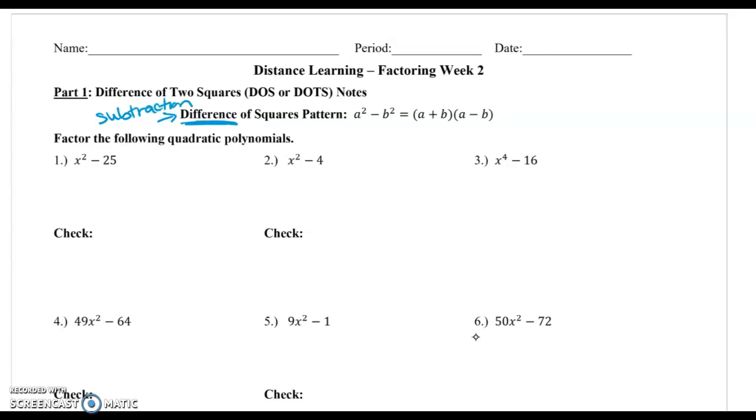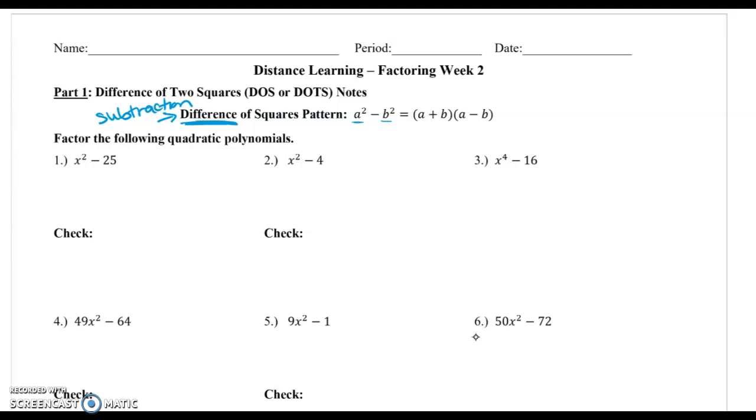And then of two squares: both of these terms have to be perfect squares. What you can do with that is take the square root of both of them and separate them into two sets of parentheses here.